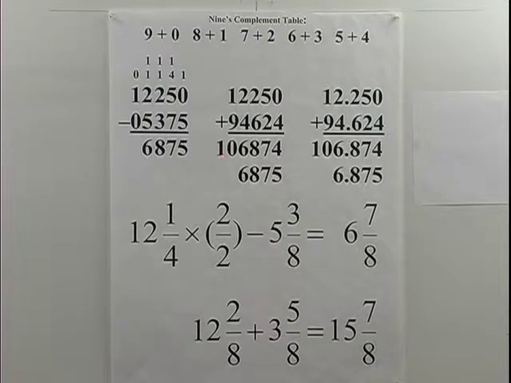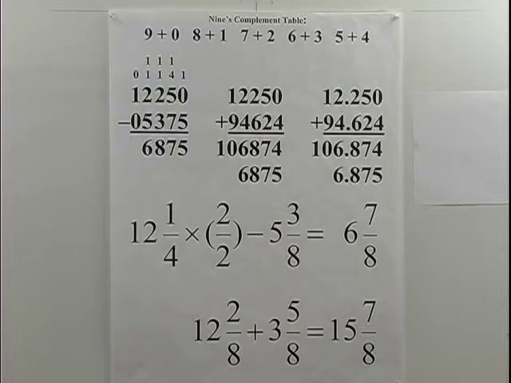The final step in the nines complement procedure is to take that 1, the leftmost digit, it's always going to be a 1, add it to the rightmost digit, in this case 4, and I get a 5. So I get 6875. That is the correct difference. I only converted the subtrahend to its nines complement, and then I did 1, 2, 3, 4, 5 easy additions.